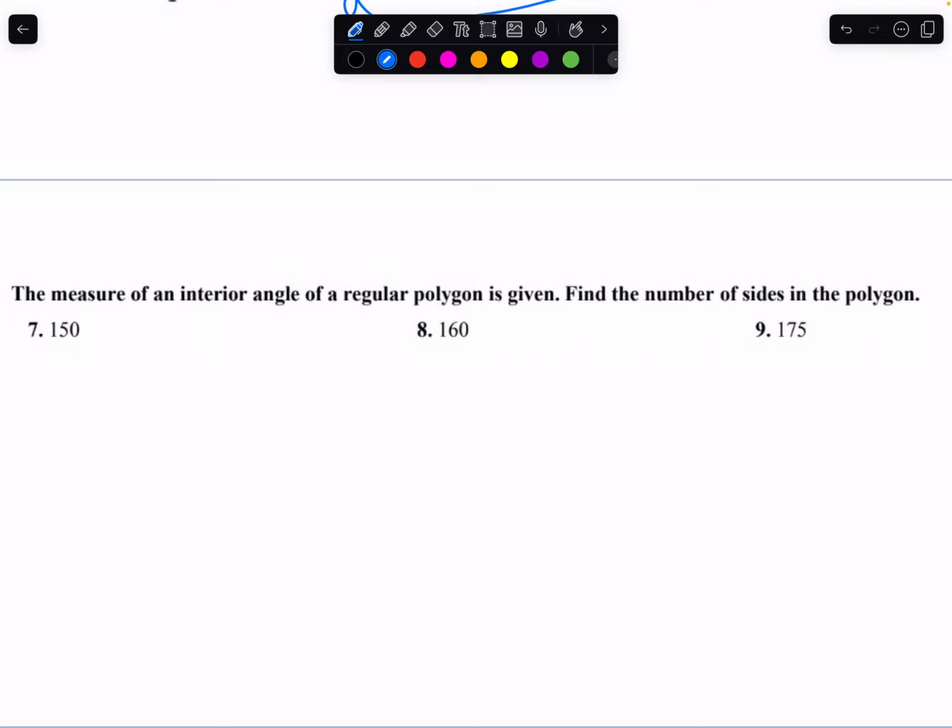The key thing here that makes this problem solvable is that we're talking about a regular polygon. So we have congruent sides and angles, right? Kind of like the image that I did in the very beginning of our set of notes. All sides and all angles are congruent. Now, let's say that I have some sort of angle here.